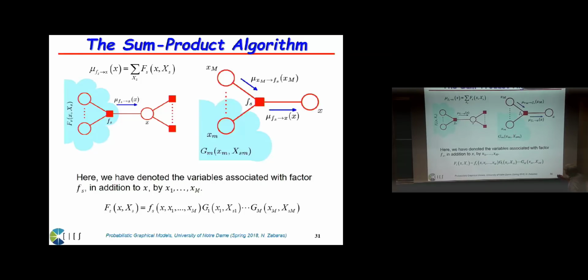This is the set of all the nodes involved on that subtree. And why do I put the subscript s there? To remind myself that this node xm is a neighbor of fs, because I'm interested to figure out what is the message the factor fs sends to node x. So I need to know that I'm only looking at the nodes xm that are connected with the factor fs. Okay?